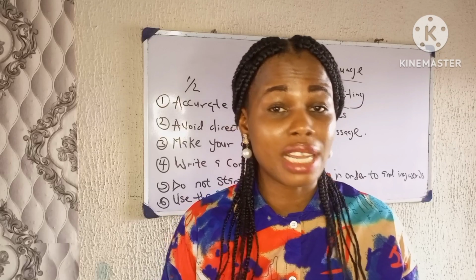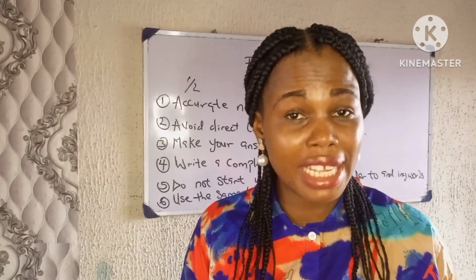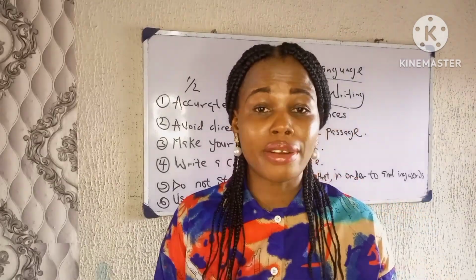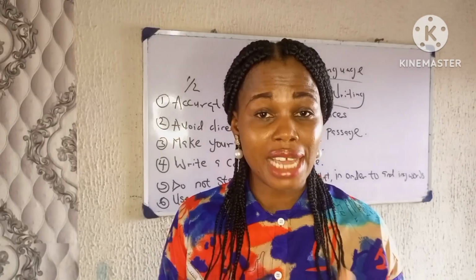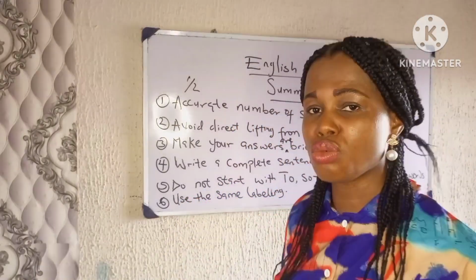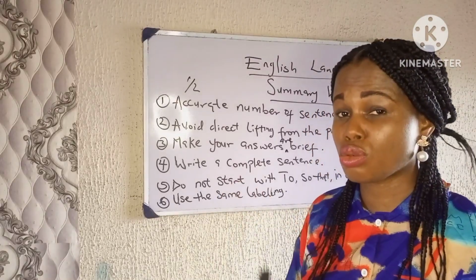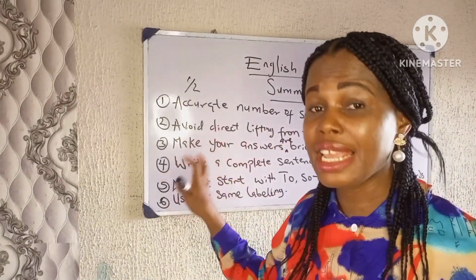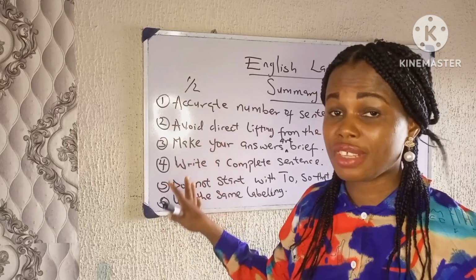Your sentence starts with a capital letter and there is a full stop at the end. The grammar is correct and the tenses are also correct. So make sure you revisit your answers to detect any error.